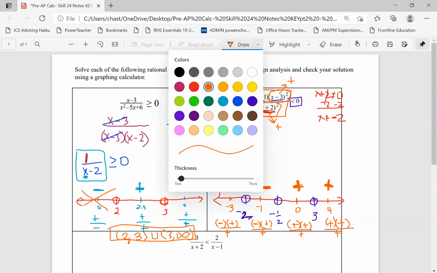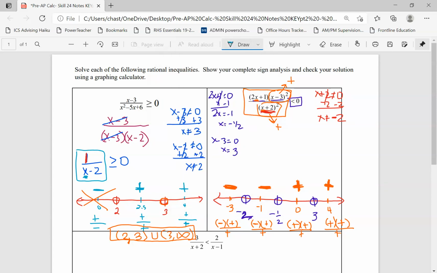All right, now to answer the question, we have to figure out when this function is less than 0. That occurs in everything here and everything here, because those are my negative intervals. Less than 0 means negative intervals. So to answer this question, I would say -infinity to -2.